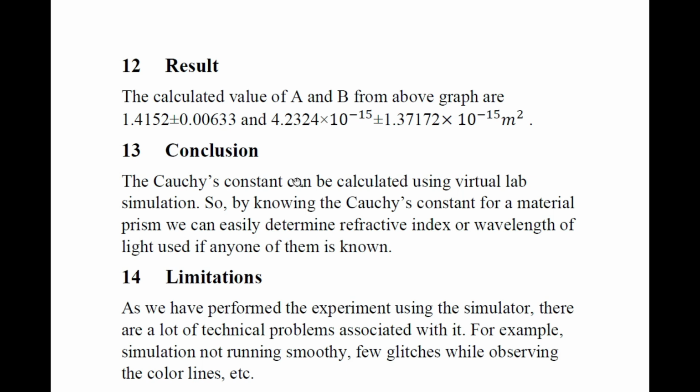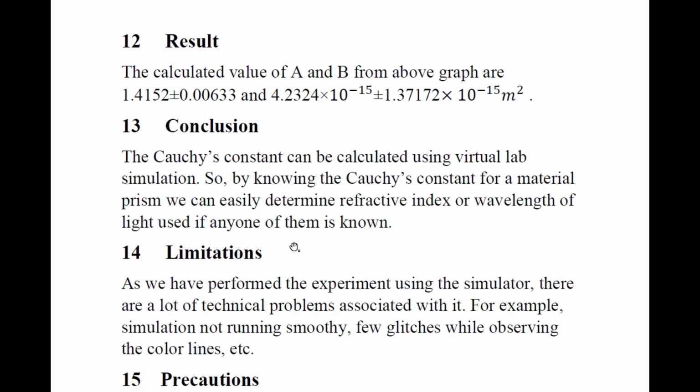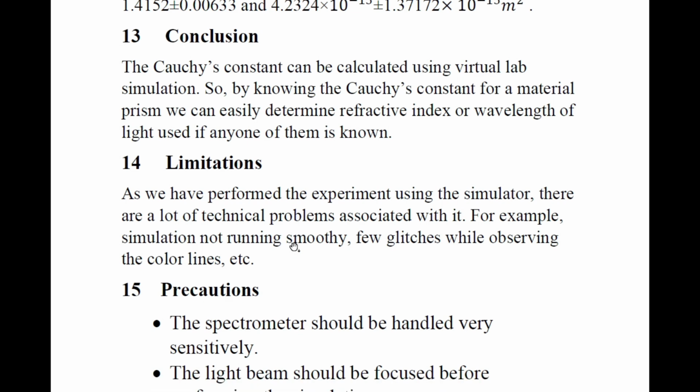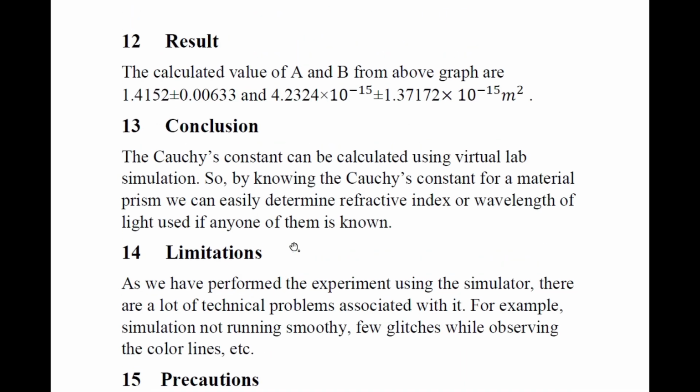By using the simulation we have successfully calculated the values of Cauchy's constants A and B. So we can say that the virtual lab is also very reliable in case we couldn't perform the experiment in the lab.